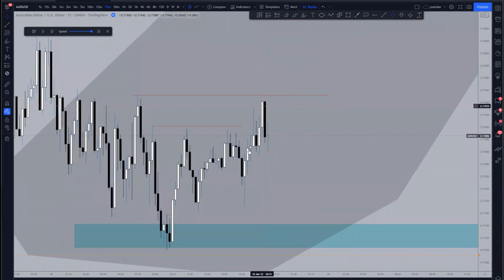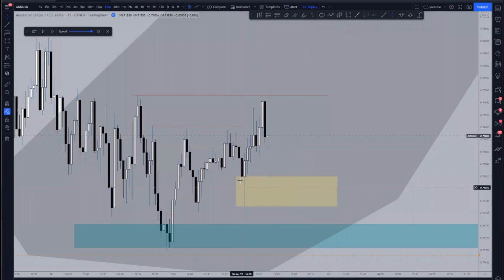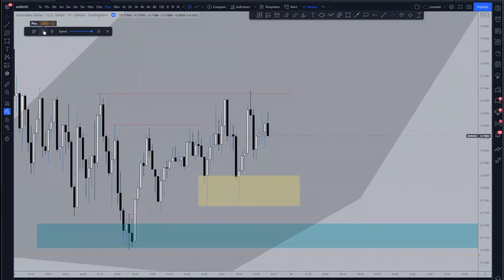Price cracks this level right here, and this is now my relevant demand on this time frame. Price must stay above this and then continue to work up into that H1 supply as well to give us a further break of flow.